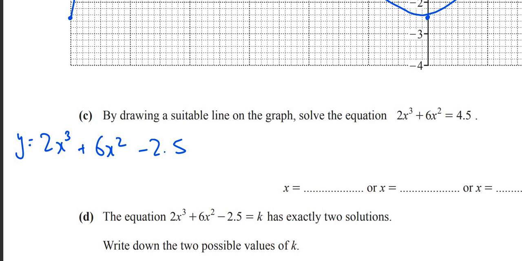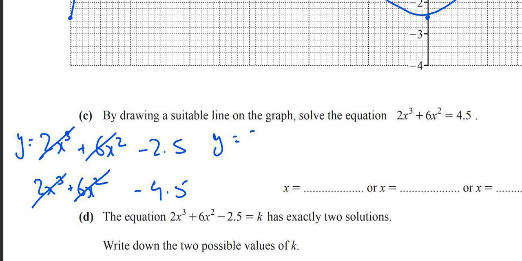And this one is 2x cubed plus 6x squared, which is minus 4.5. So basically you have to eliminate all of those, and the difference between 2.5 and 4.5 is 2. So y is actually equals to 2.